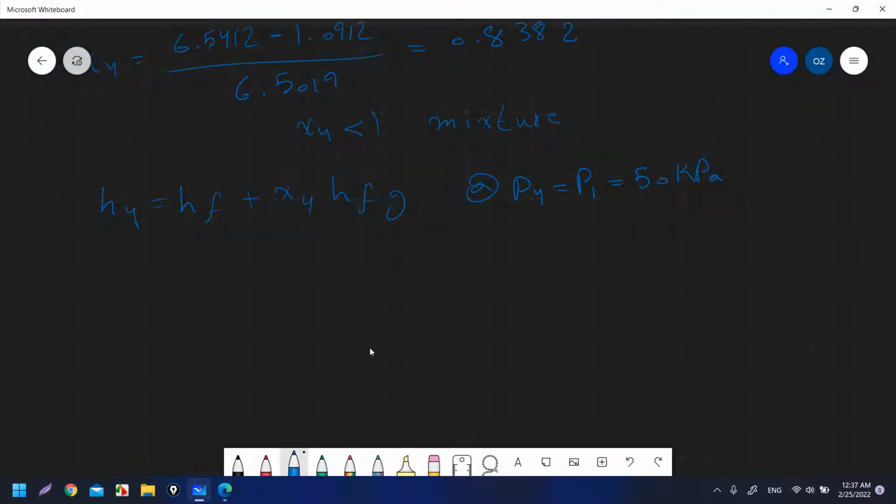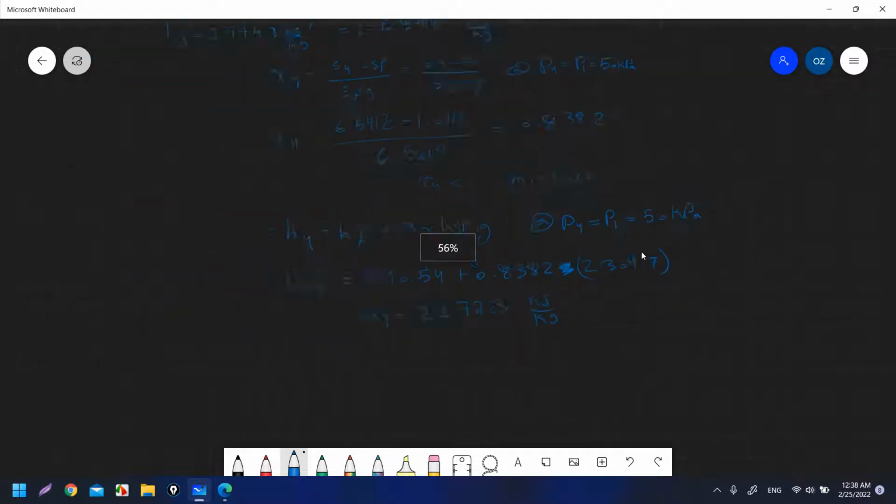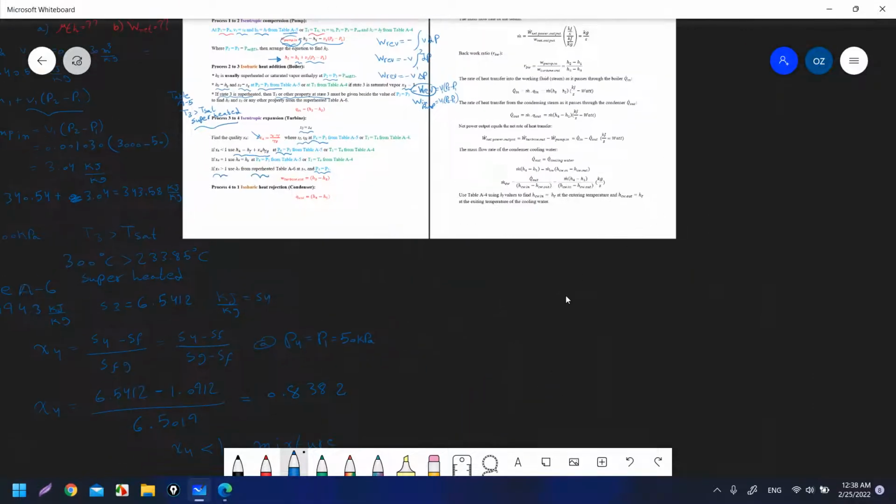So H4 is equal to 340.54 plus 0.8382 times 2304.7, and this will give us that H4 is equal to 2272.3 kilojoule per kilogram. So now I found all enthalpies for every state.